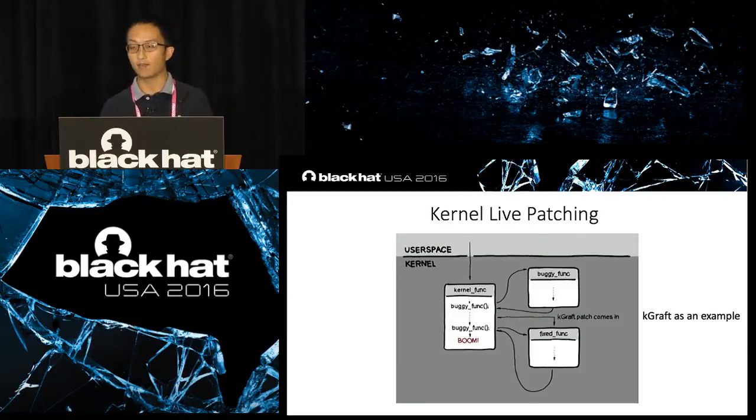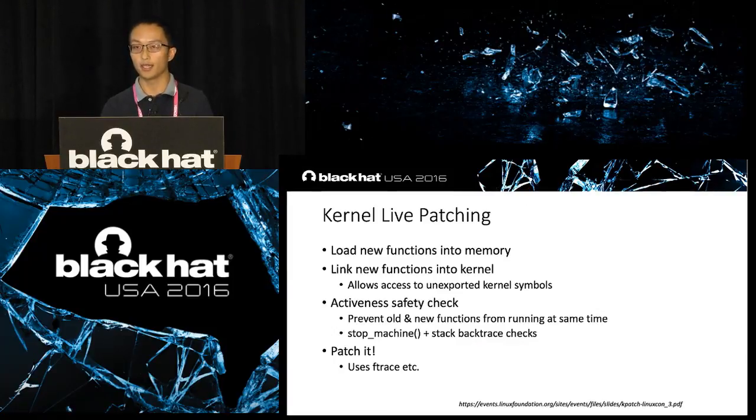To use Kgraft as an example, in the kernel, if there is a vulnerable function, they will use a new function to replace the old one and hook the invocations towards the new one. This way, the invocations to the buggy function will instead call the fixed function. All of the current live patching mechanisms follow this algorithm. First, they load the new function into memory and make it accessible by the other kernel code.